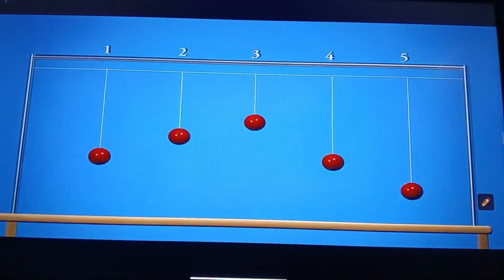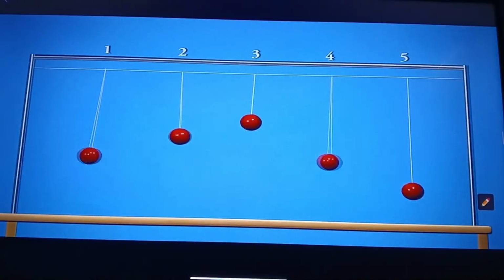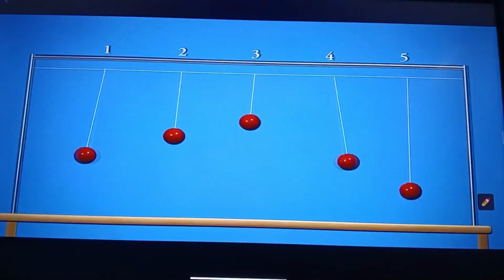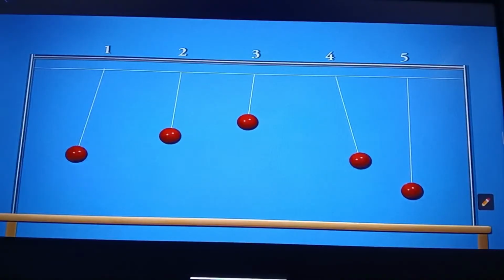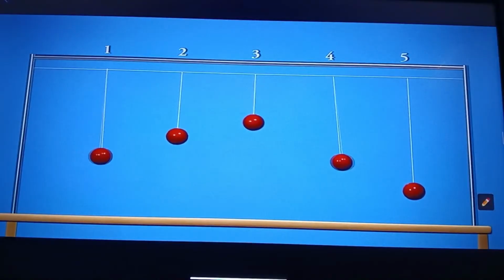Here we have a set of 5 simple pendulums of assorted lengths suspended from a common rope as shown. Every pendulum has a natural or resonant frequency, which is the number of times the pendulum swings back and forth per second.